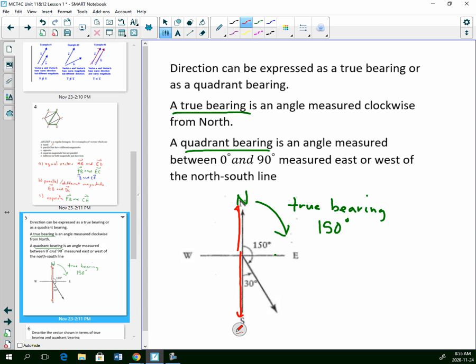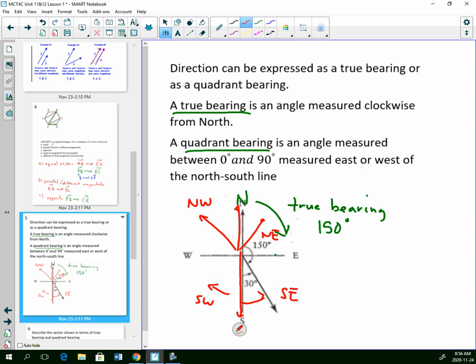So south is the closest one. So I'm starting at south and I'm going towards the east. So this direction would be southeast. This direction would be southwest. This direction would be northeast, and this direction would be northwest, right? So you're either starting at north or south and either going east or west.